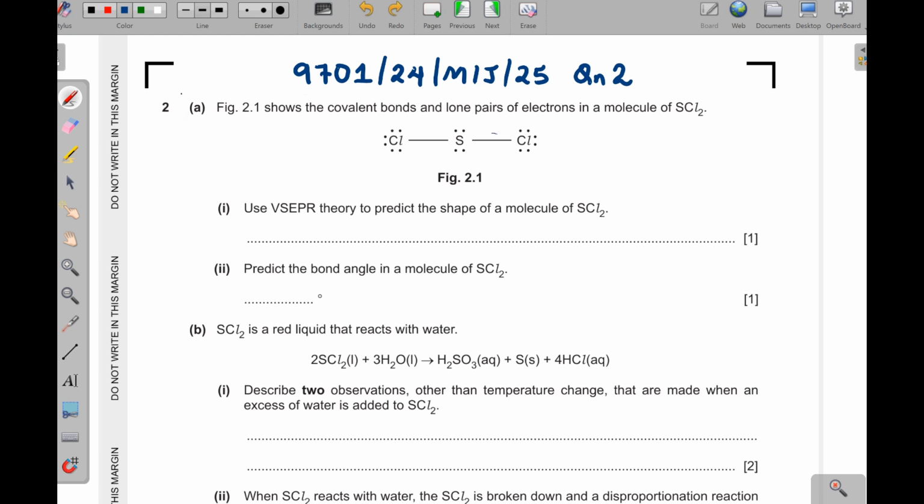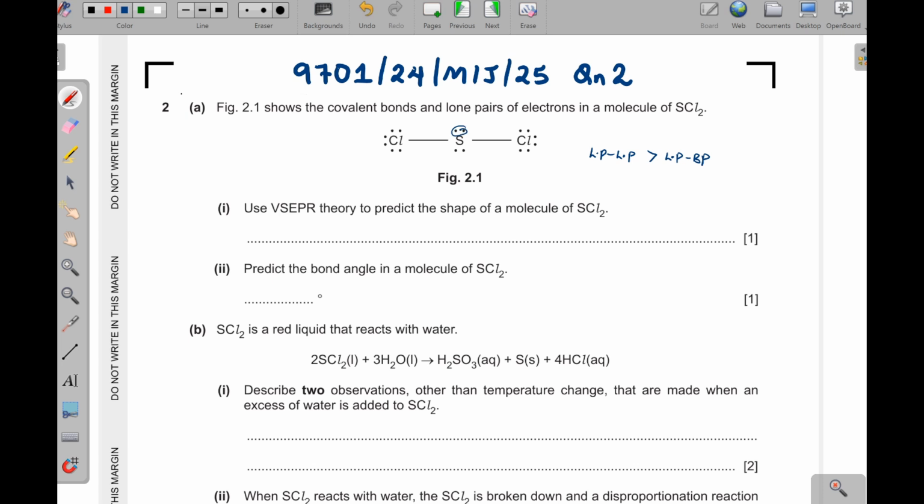Now, we have the bond pairs here, but we have lone pairs on sulfur. In valence shell electron pair repulsion theory, there is a lone pair and then a lone pair, so the repulsion there is greater than the lone pair bond pair repulsion.